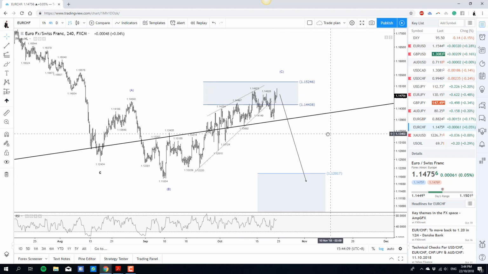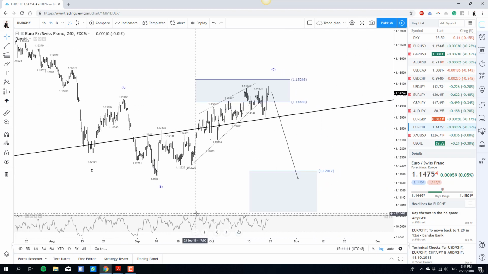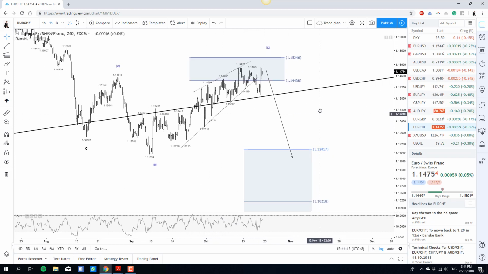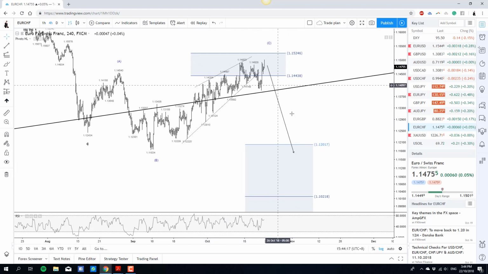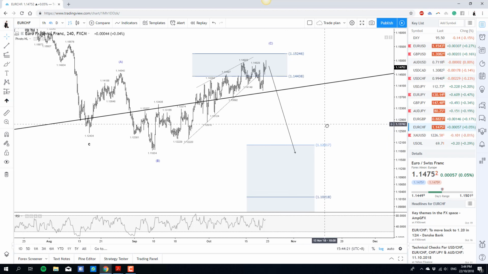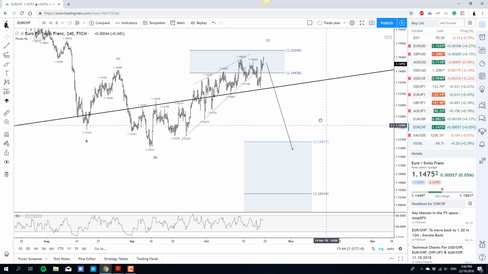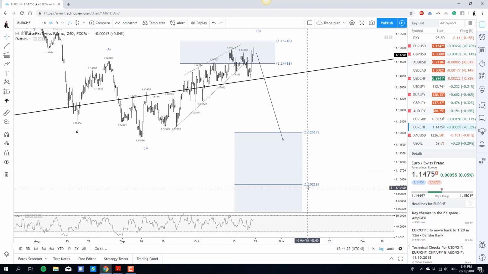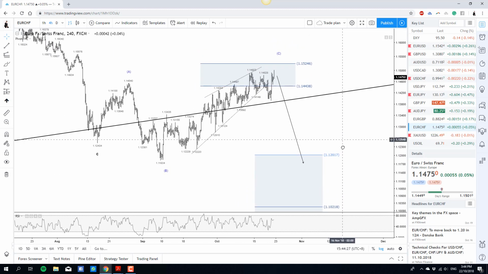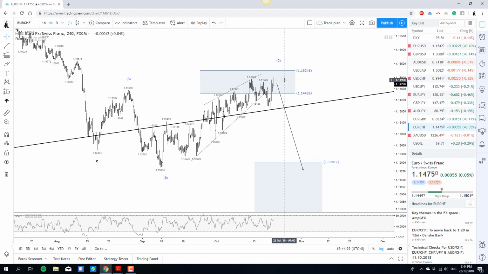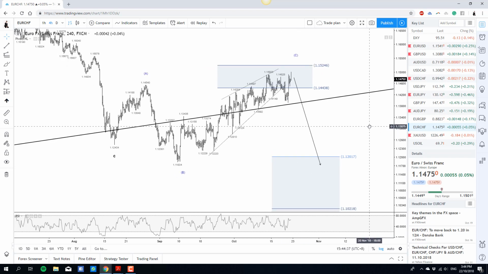Alright, and we have been seeing this divergence continue to hold, which means that long-term view, we are still expecting price to move lower impulsively towards 1.1201, at least for a very conservative target, and potentially even lower to 1.1021. Right, as of this week, we continue to expect the Euro franc to weaken. Alright, but of course you need to have your own way of looking how to enter the trade.